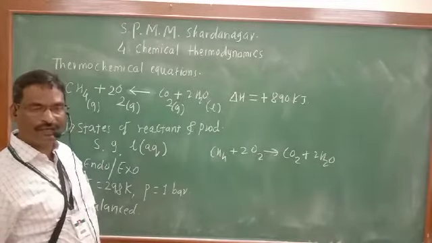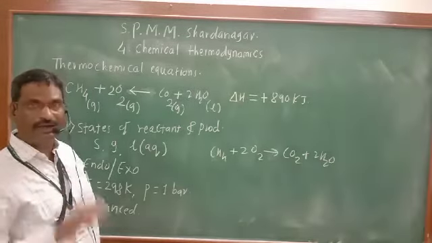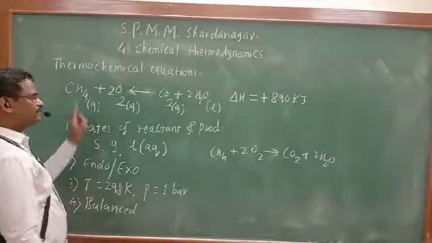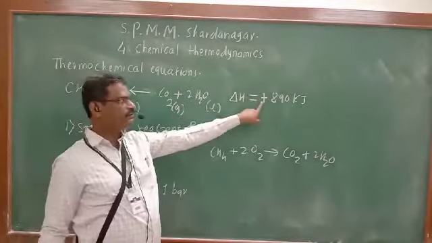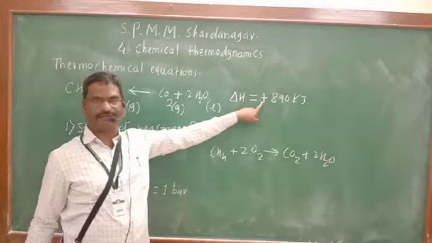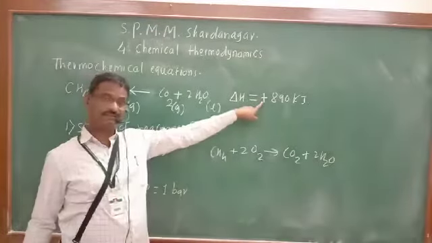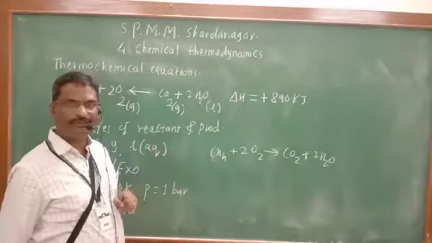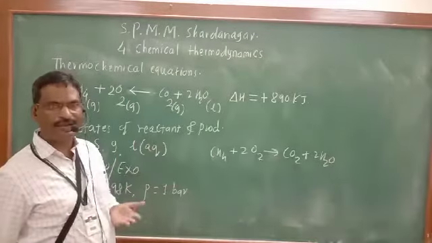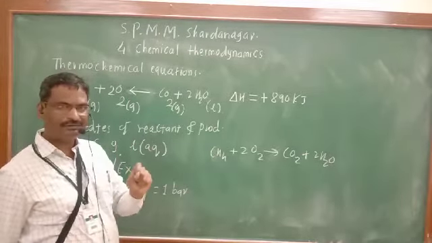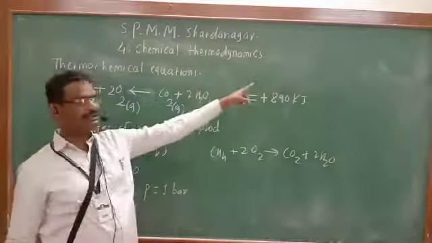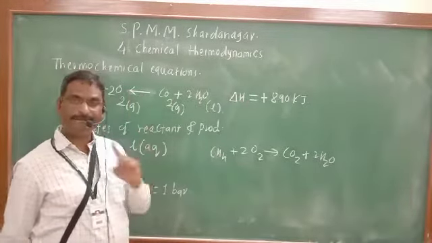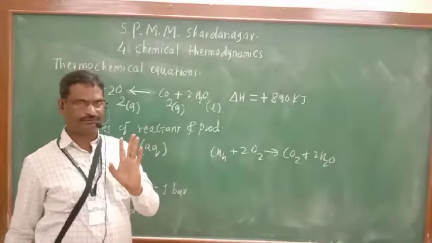It means that the whole thermochemical equation can be written in the opposite manner. The whole thermochemical equation can be inverted just by changing the sign of delta H. It means that if the forward reaction is exothermic, then the backward reaction is endothermic.